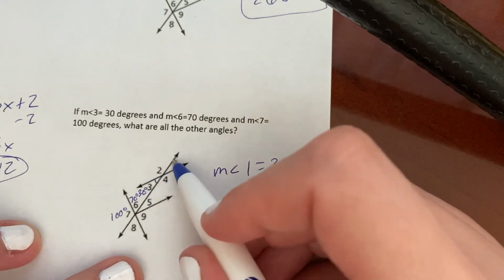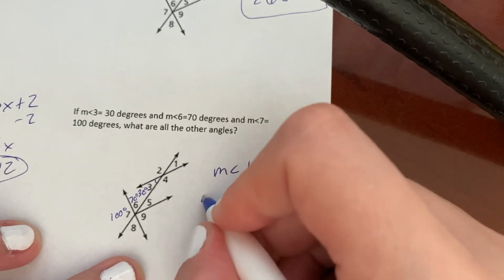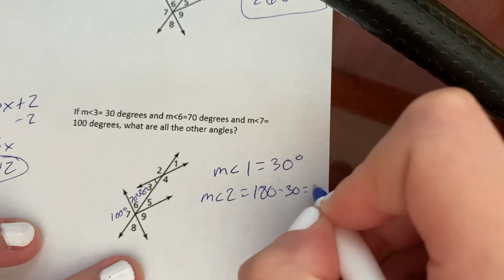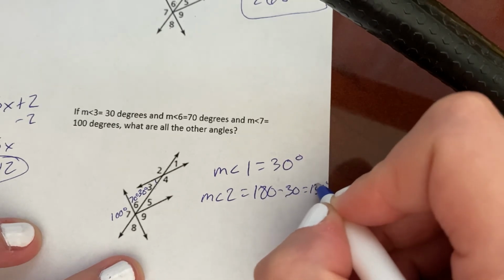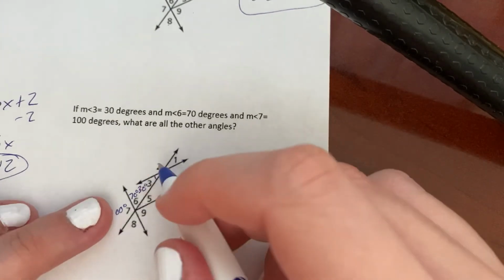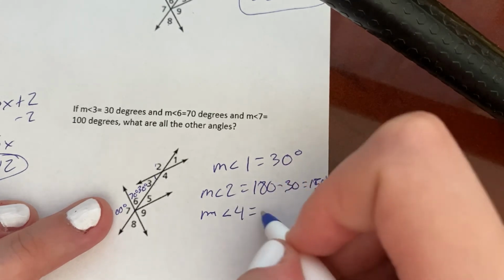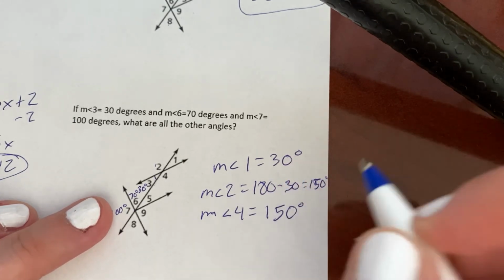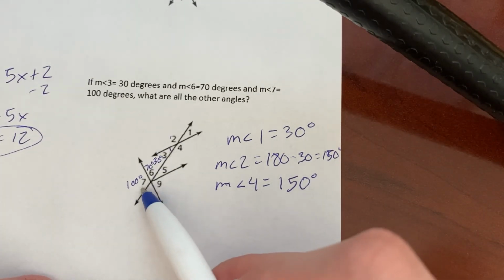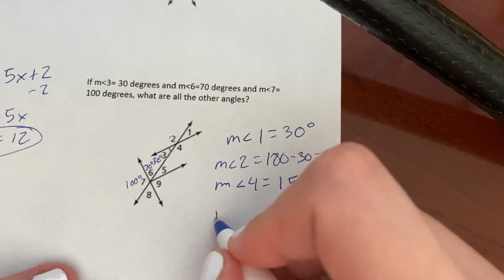We know 2 is pretty easy because 2 and 3 are a linear pair. So to find the measure of angle 2, we can do 180 minus 30, which is 150. Same thing, because 2 is a vertical angle with 4, we can find angle 4 by just saying it's the same. All right, if I know this is 100, this is 70, we know 8 will be what?